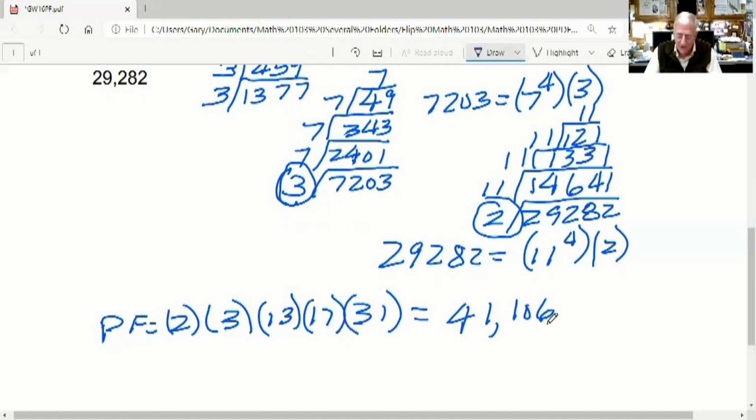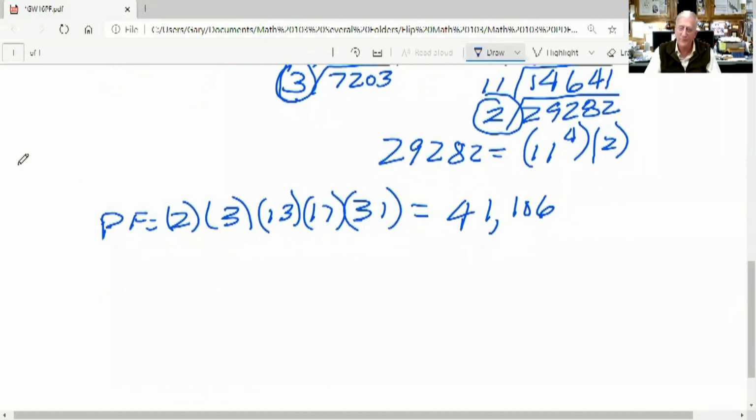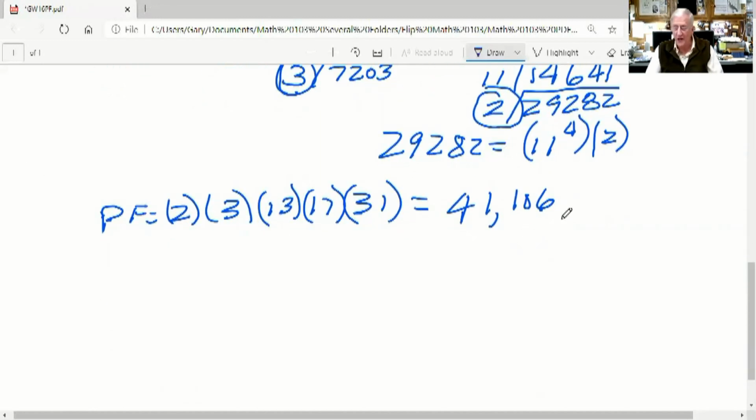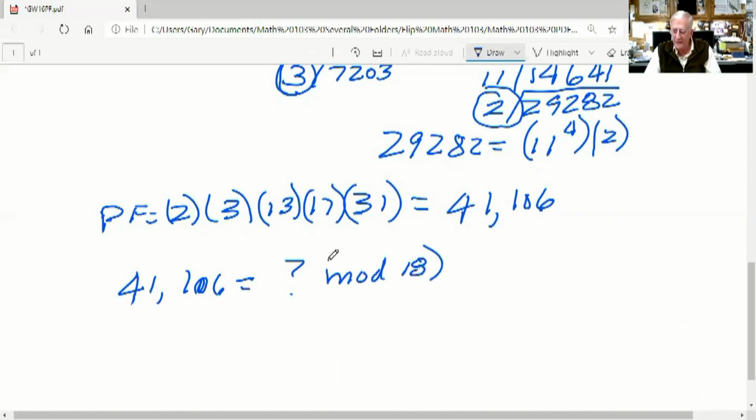So my question that I have to answer for this problem is simply this. 41,106. That is correct. Now I need to convert that number into what? A mod 18 number. So my question is 41,106, let me make a bigger 0 there, is equal to what number mod 18?